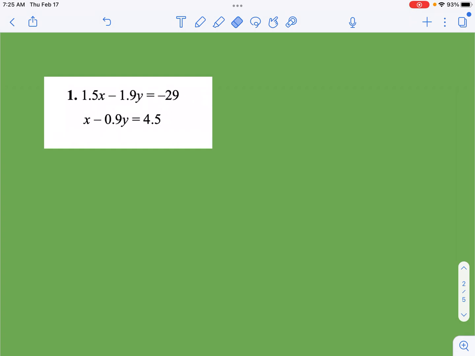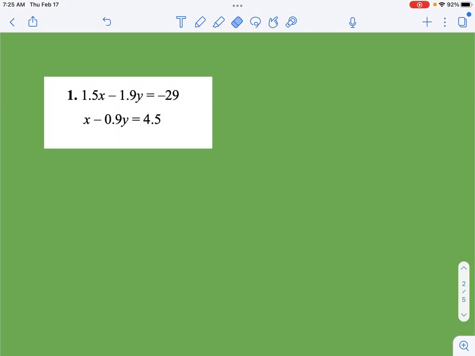So this first one is a bit of a unique situation because we haven't really screwed around with decimals much. So I want to show you a trick for dealing with decimals.